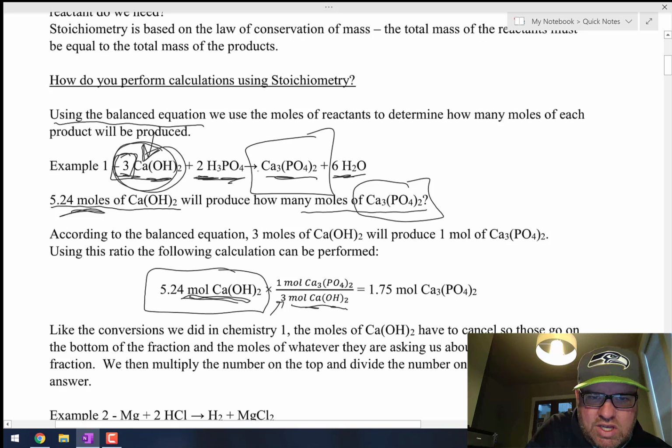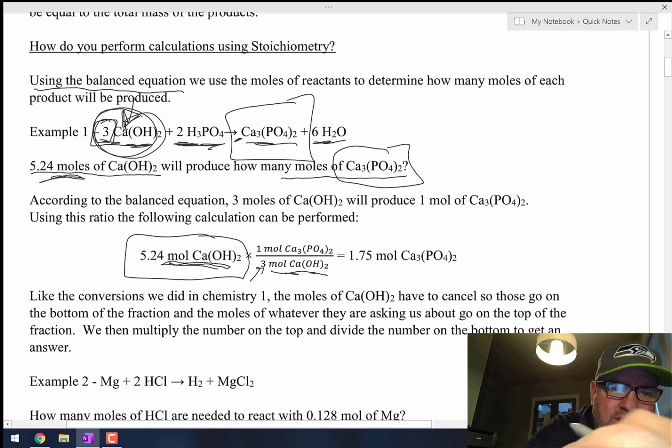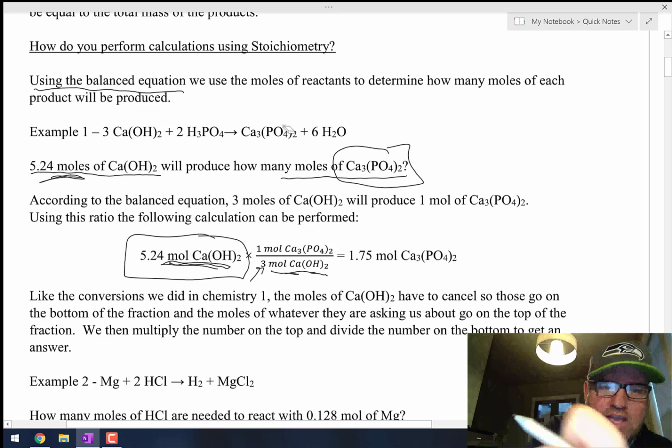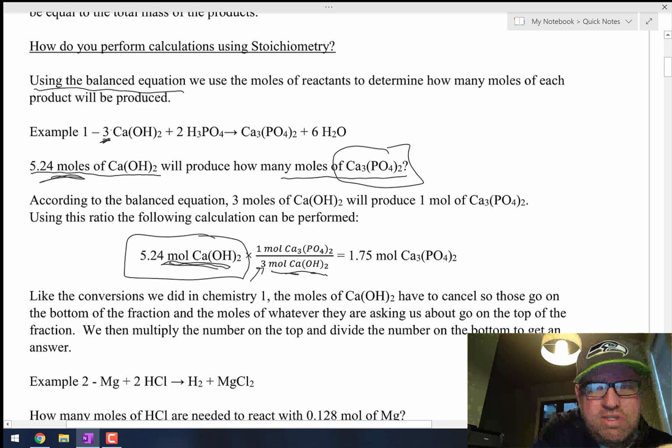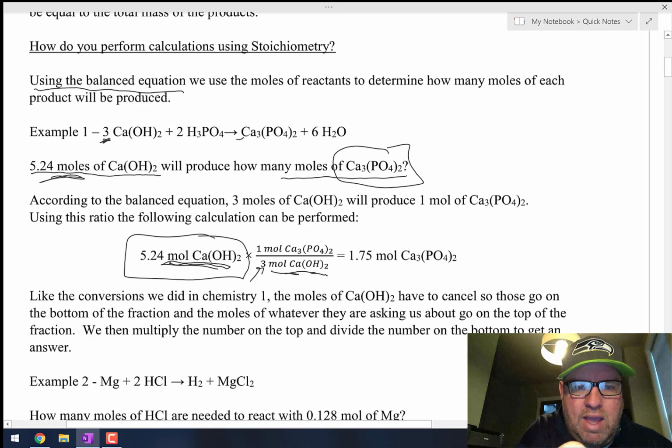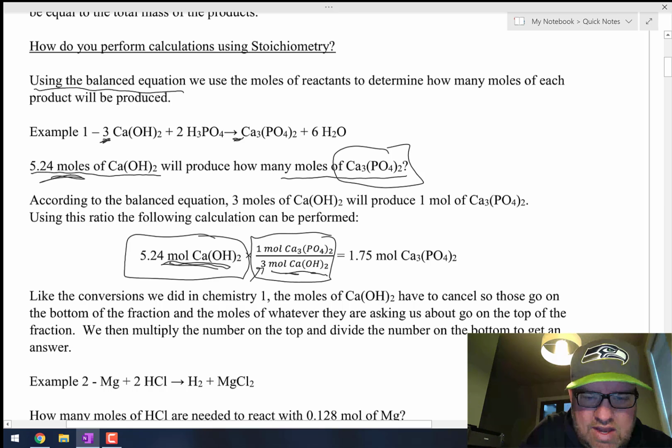And again, what's the number in front of calcium phosphate? It's a 1. So what this balanced equation tells us is that 3 moles of calcium hydroxide make 1 mole of calcium phosphate.